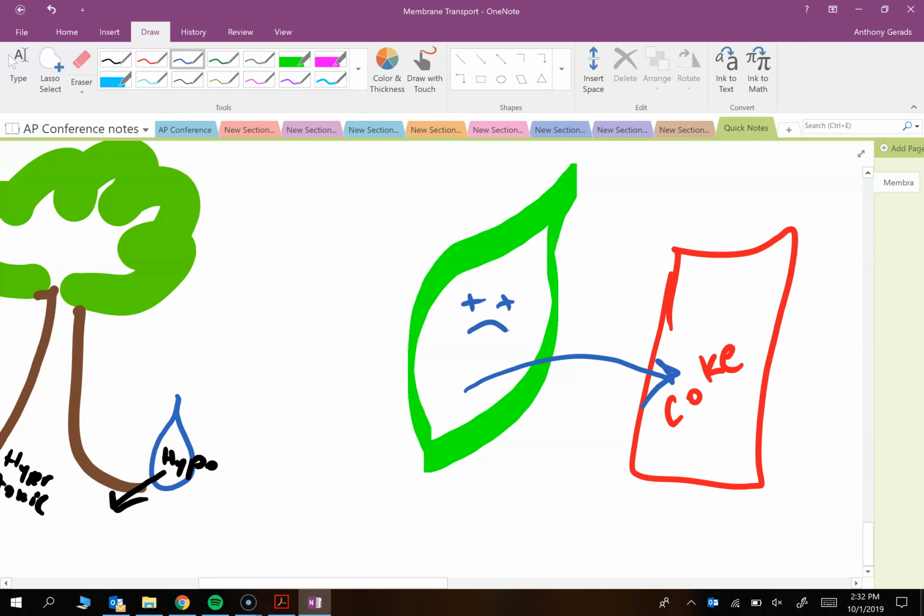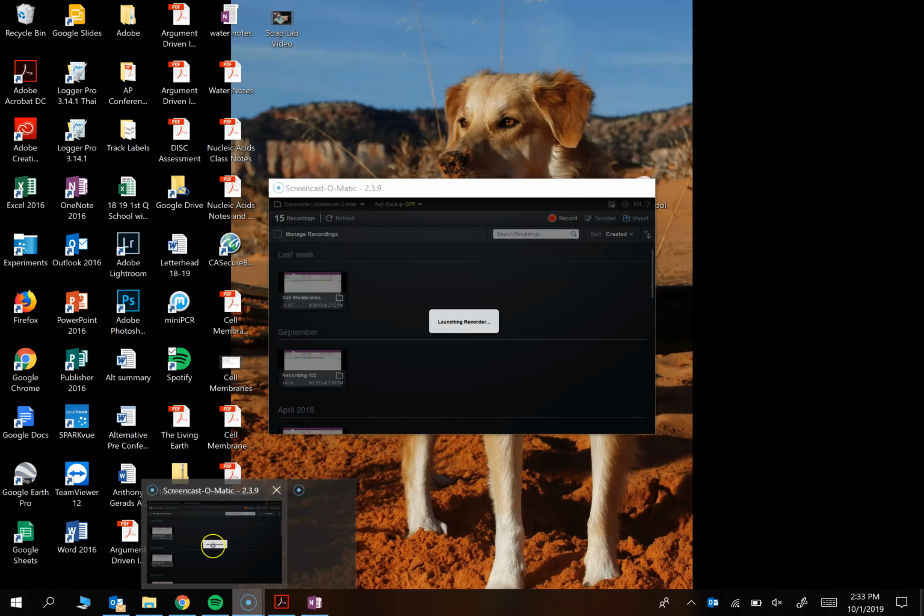It killed the plant because now that Coca-Cola became hypertonic, and this became hypotonic. So it literally dehydrated your plants and it killed them. So if you tried to water it with something else, it dehydrated your plant and killed it. That right there is the same concept of why plants die on the side of the road in icy climates. Not that you care, but now you know. Okay?